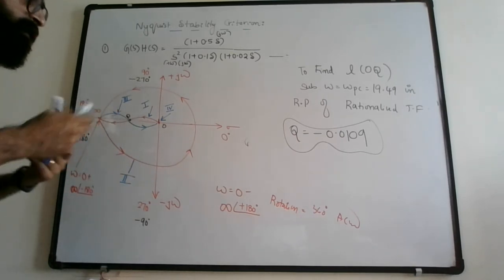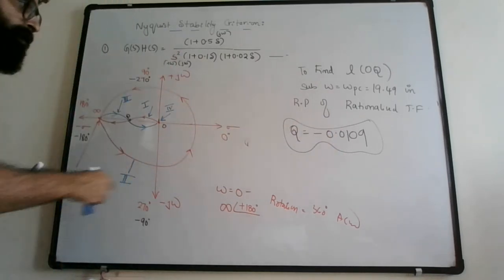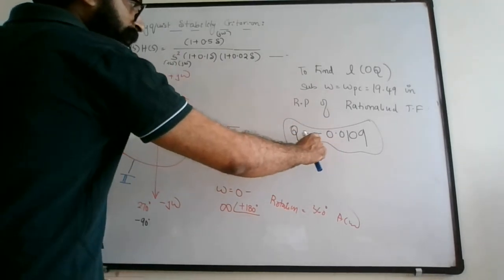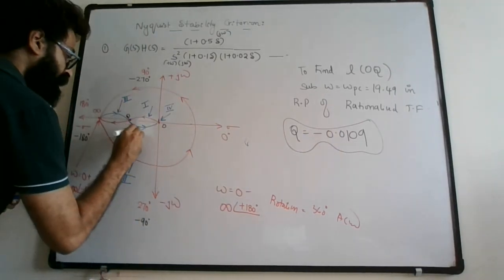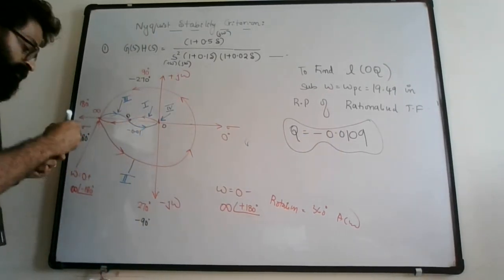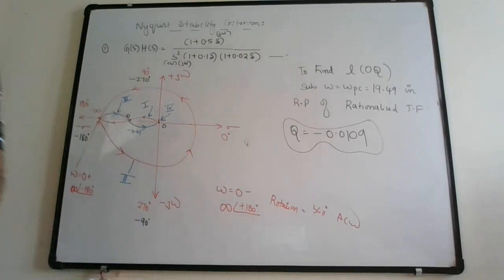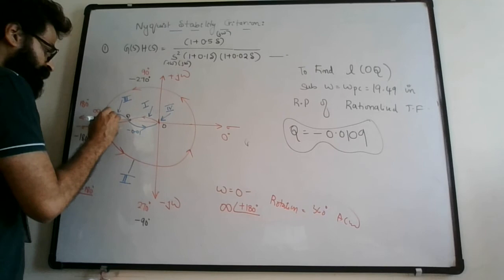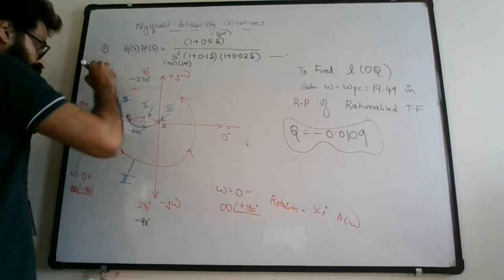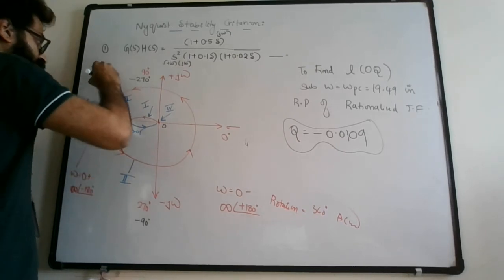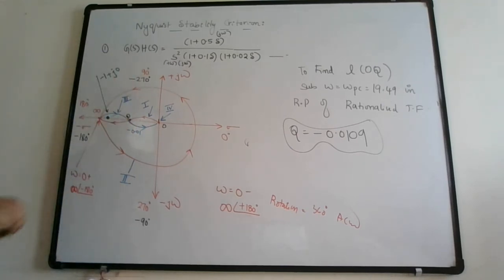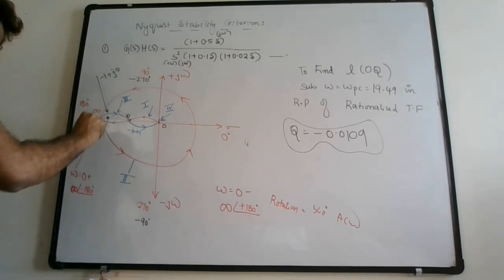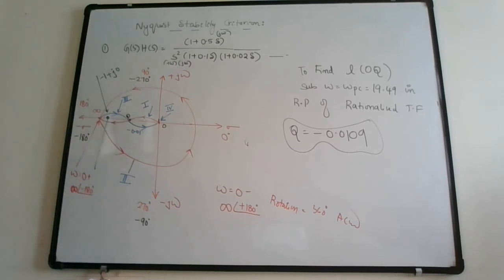So Q point is at minus 0.01, and the critical point should be at minus 1. So minus 1, let's say somewhere here you can see. And just mark this as minus 1 plus j0, right?